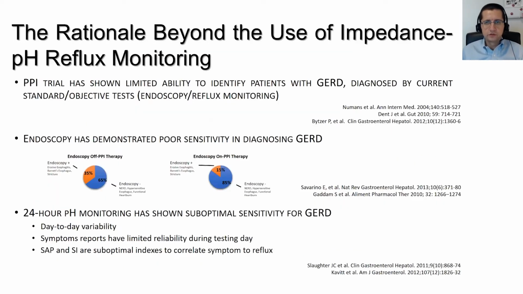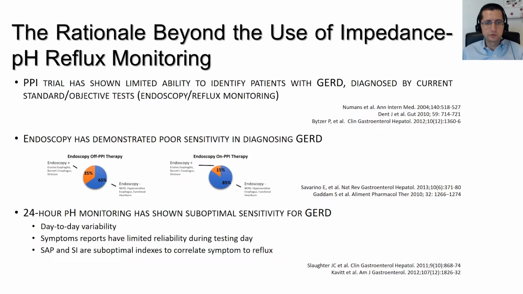Going back to the use of impedance pH reflux testing, the rationale behind their use is determined by the fact that in the last 20 years we highlighted that PPI trial has shown limited ability to identify patients with GERD as compared to more objective standardized tests.